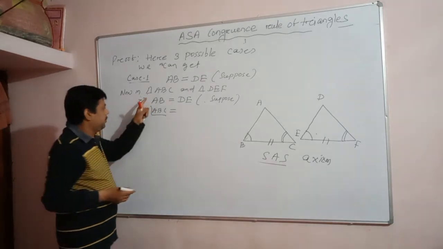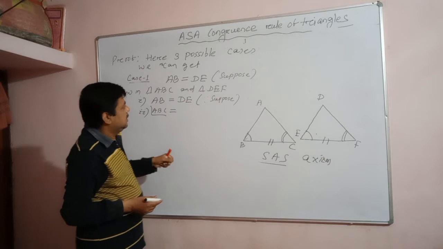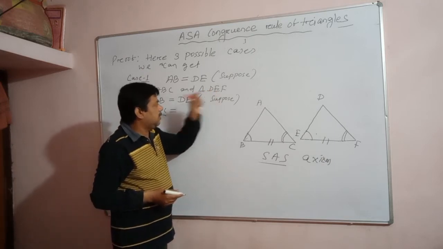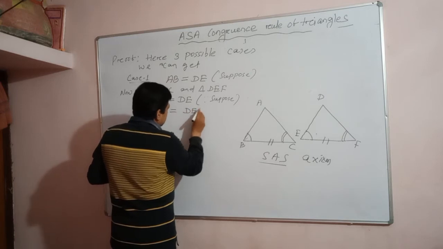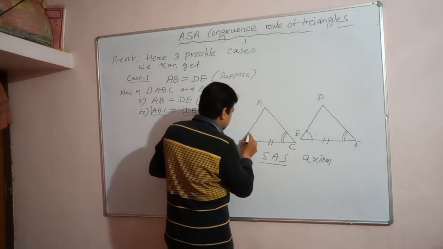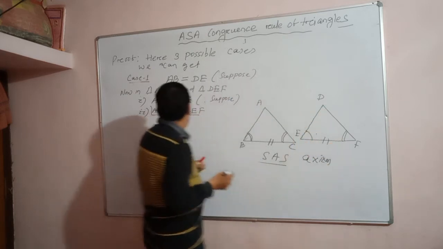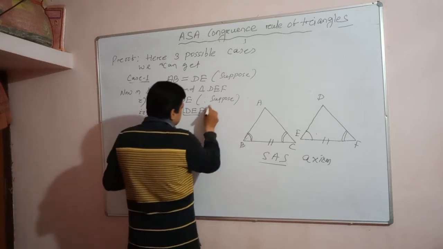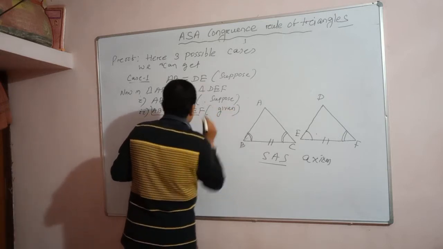Please mark how I am moving my fingers. ABC angle is equal to DEF angle. DEF angle means E angle. It means B angle is equal to E angle. Is it clear? And this is given.